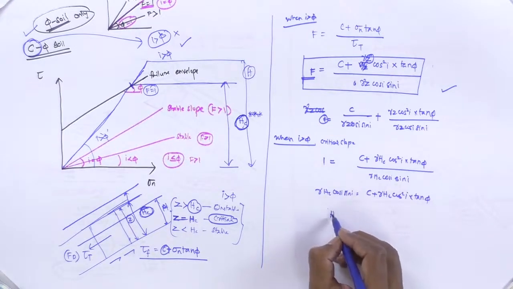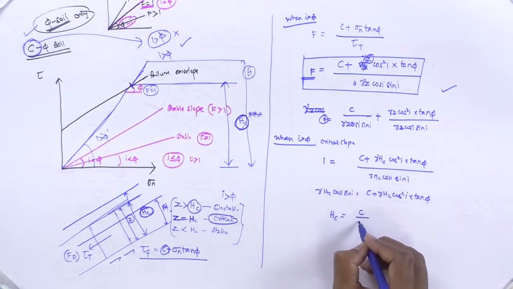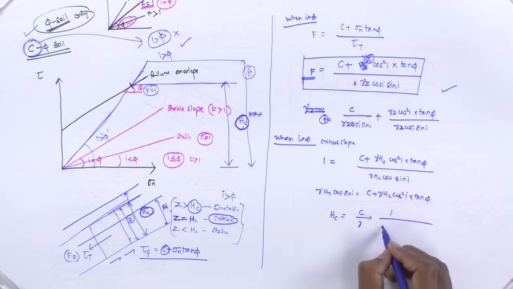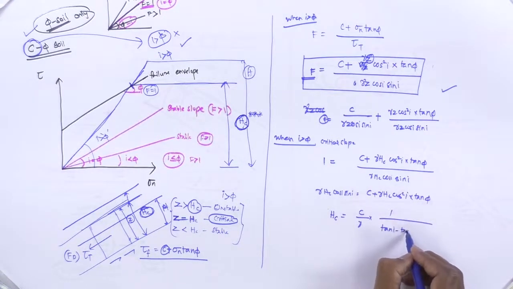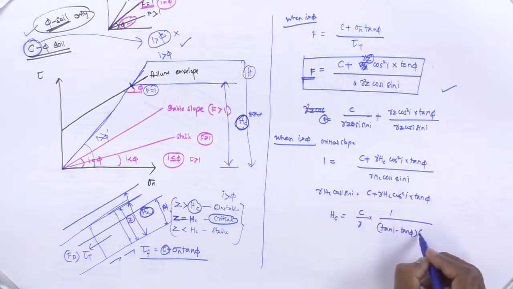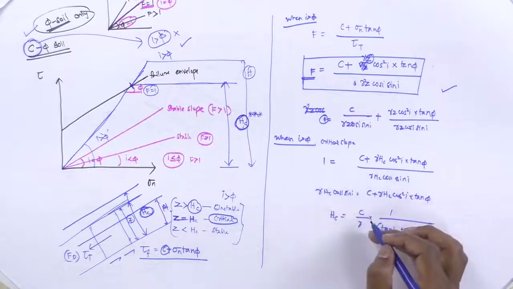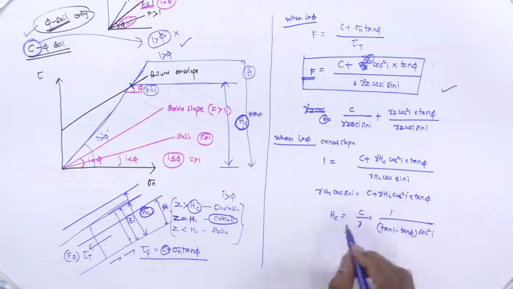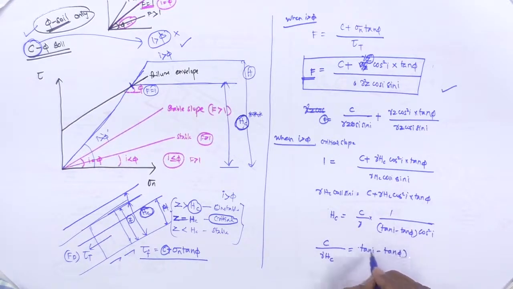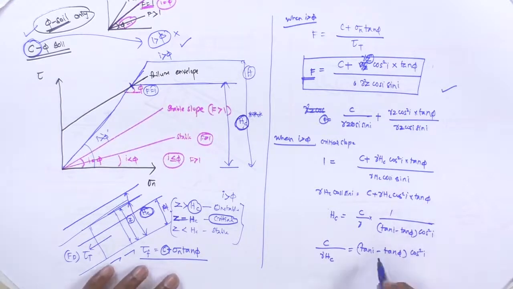So to get this hc value, finally it ends up as c divided by gamma into 1 divided by tan i minus tan phi divided by cos square i. Rewriting this, it finally turns into c divided by gamma hc equals tan i minus tan phi into cos square i.